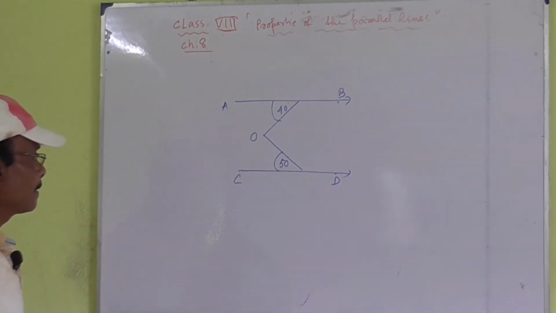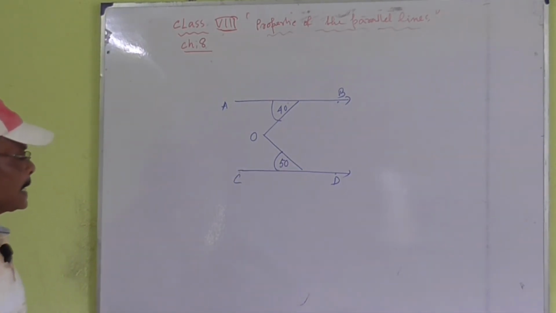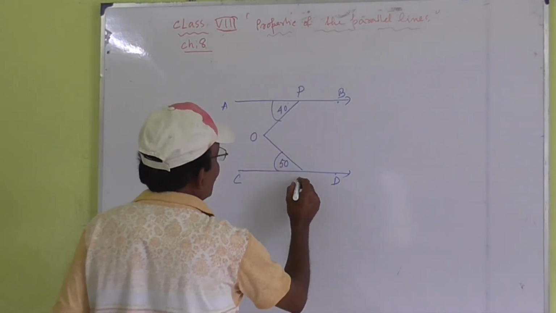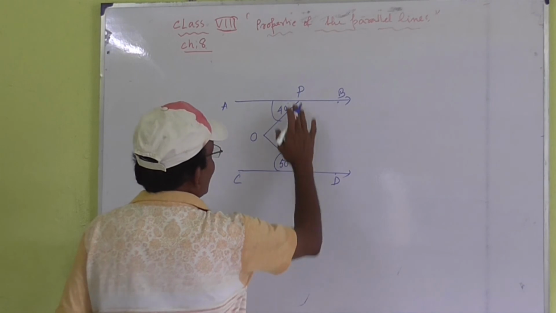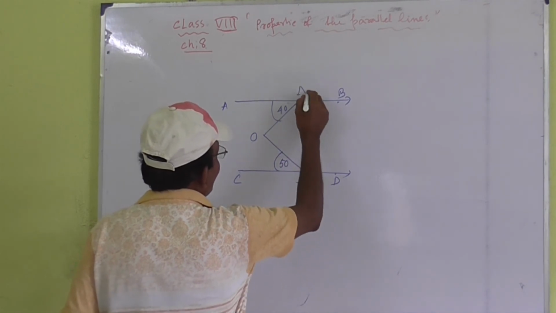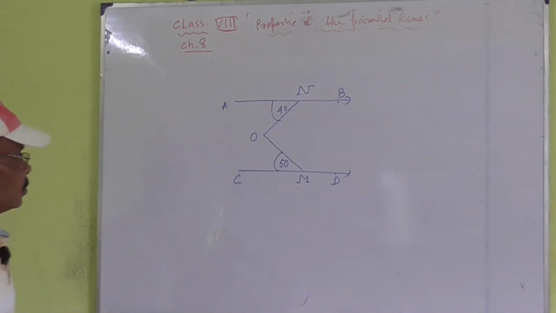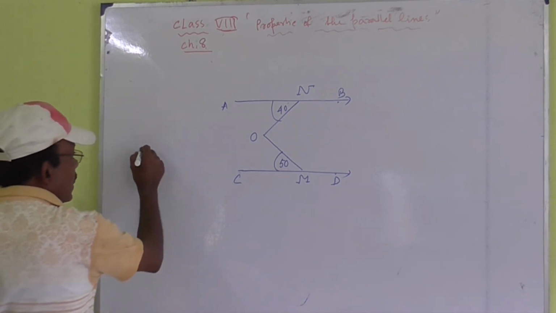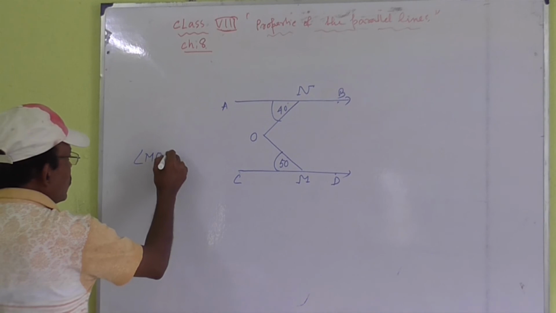Clear? Now, the question is to find the value of angle MON, with points named P and M.